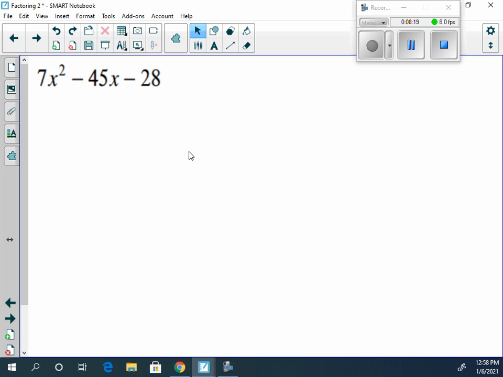All right. So looking at this one here, is there a greatest common factor between 7x squared, negative 45x, and negative 28? Yeah, so that's a little unfortunate because it doesn't go in all three. It doesn't help us much.